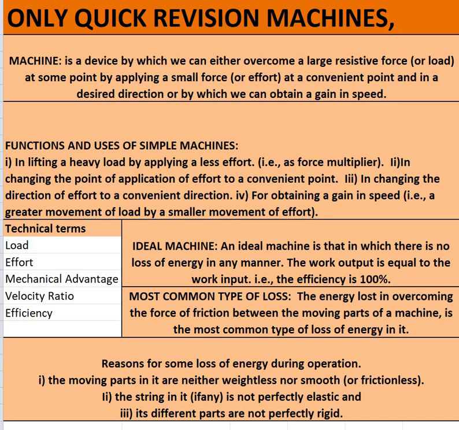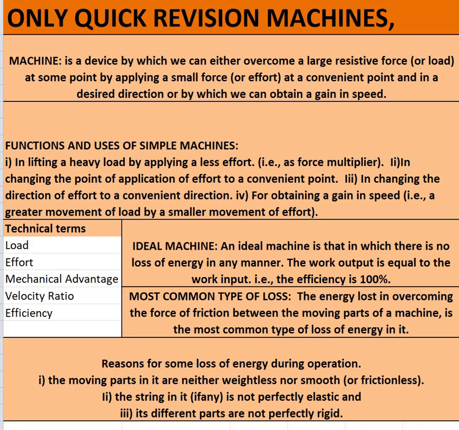The ratio of the velocity of effort to the velocity of load is called the velocity ratio. That is, velocity ratio is equal to velocity of effort divided by velocity of load. The velocity ratio is also defined as the ratio of the displacement of effort to the displacement of load. Again, velocity ratio has no unit because it is a ratio.